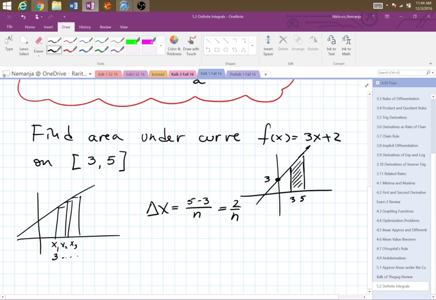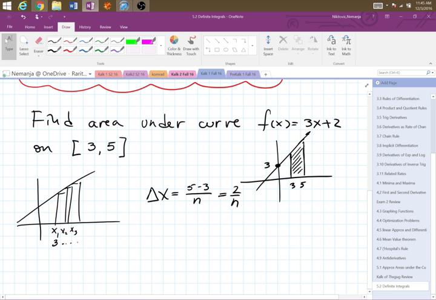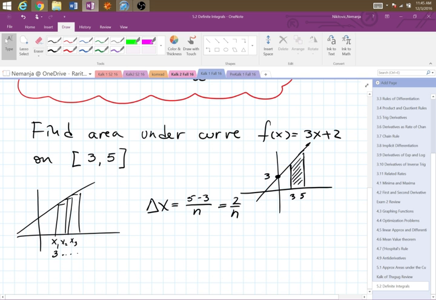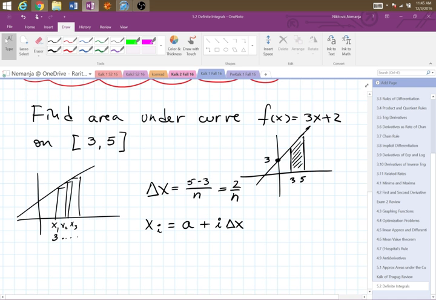So I know that 2 over n is the delta x. Then, as I'm looking into this, I need this xi piece. So xi will be given by a plus i delta x.